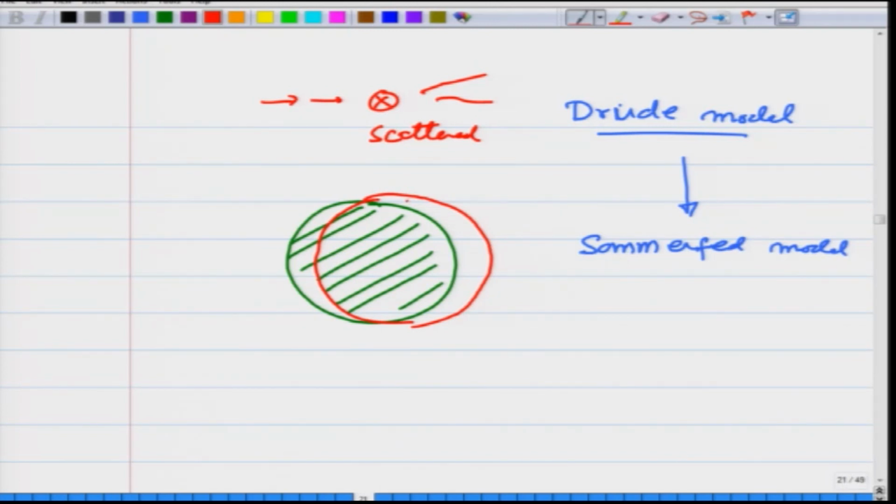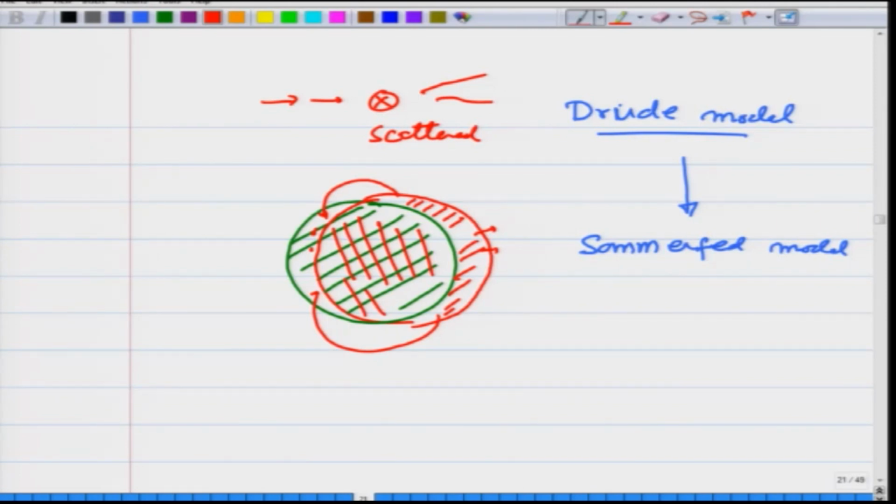Now, these electrons out here that gained velocity, when they got scattered, they could not go anywhere else, but only to those states which were empty. So, either they will go out, then they will gain energy, or they get scattered and they could not come to this region which is overlapping. In this region they could not come. The only region they could come to was here, that gave larger scattering lengths. So, this was the picture that we drew.